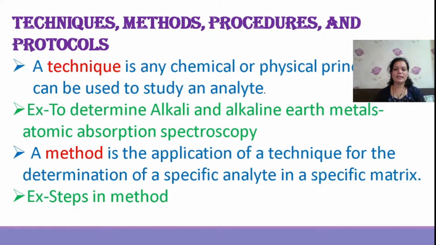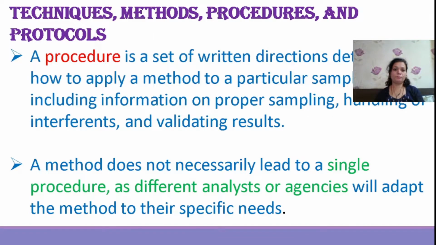Once the technique is designed and the principle of the technique is known to me, like AAS is utilized to determine alkali metals, I need to define the method that will tell me the exact concentration of metals present in a sample solution. So it is an application of the technique to determine the specific element present in a sample.